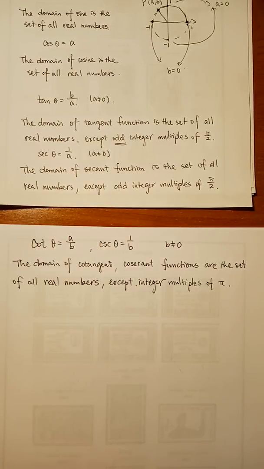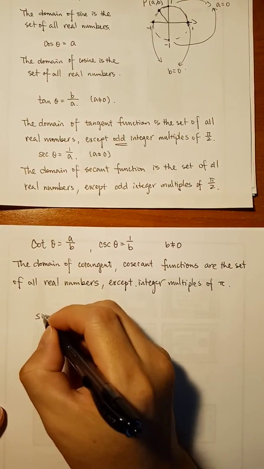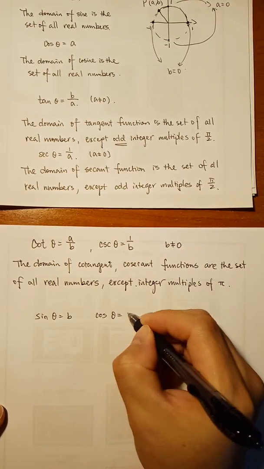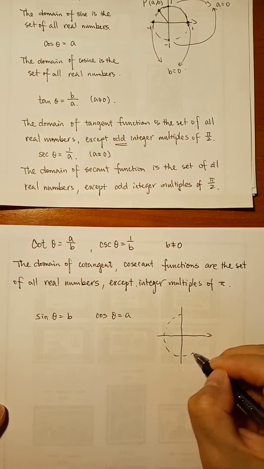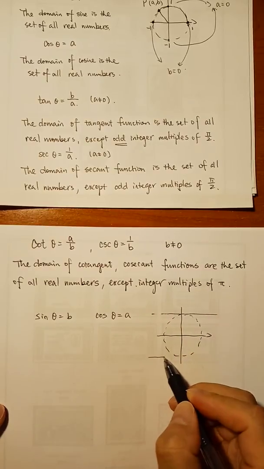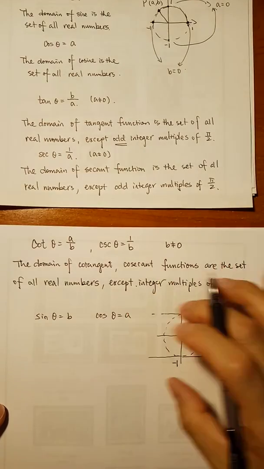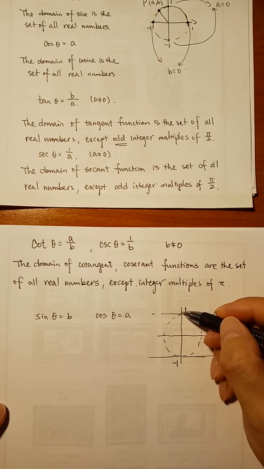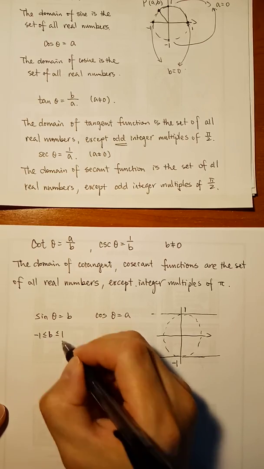And then we talk about the range. You see here, the sine is b, cosine is a. The whole unit circle is in the horizontal band between -1 and +1. So b is at the most +1, at least -1. So b is between -1 and +1.